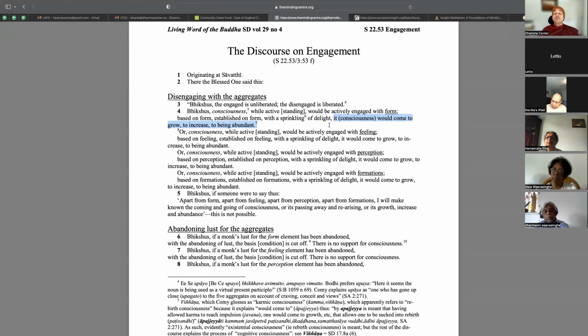It is good if our environments are good and positive, it will sort of lead to some sort of positivity maybe. But if the environment is negative, then it's negative, right? Or consciousness, while active, would be actively engaged with feeling, first with rupa, vedana, based on feeling, established on feeling with a sprinkling of delight, it would come to grow, to increase, to being abundant.